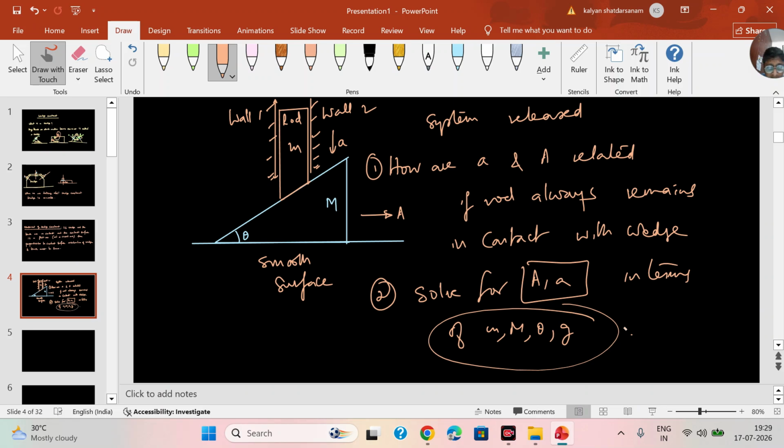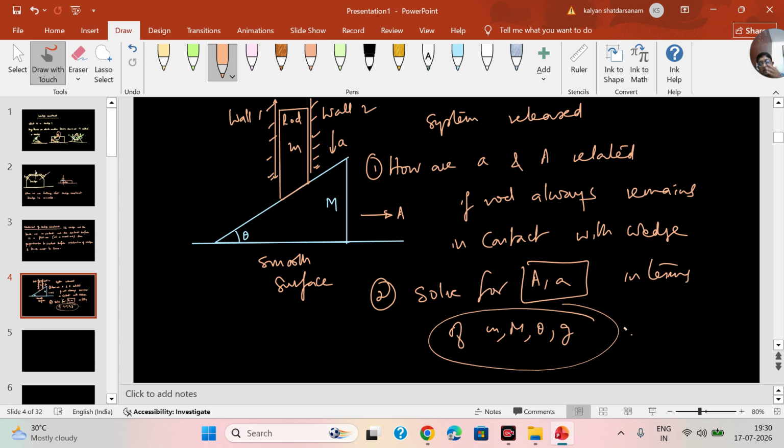That means you have to completely solve the system by drawing the free body diagram, applying Newton's laws and all that. Complete problem. Generally, whenever a problem is given, it may be just a part of the problem, like using the constraint to relate the velocities or accelerations. That's an easier version. The more complete problem will be where you draw the free body diagrams, write Newton's laws, and also use the constraint and solve it.